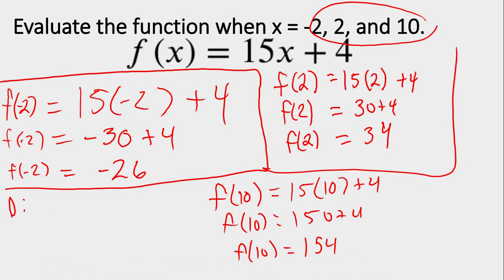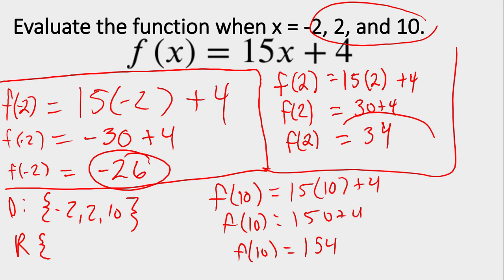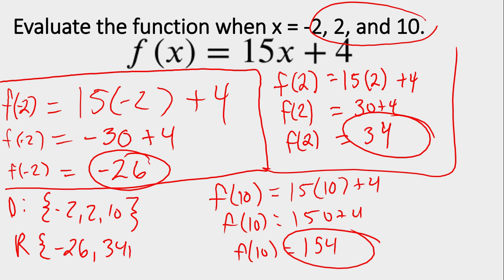Domain here is negative 2, 2, and 10. Your range is negative 26, 34, 154. Okay.